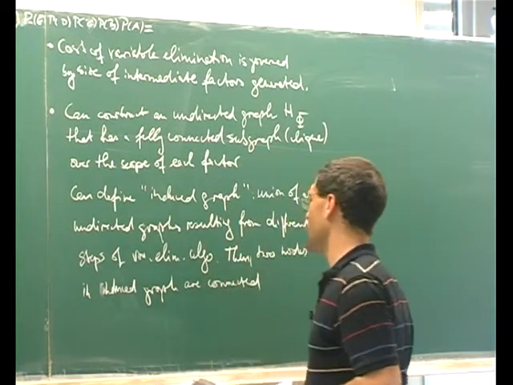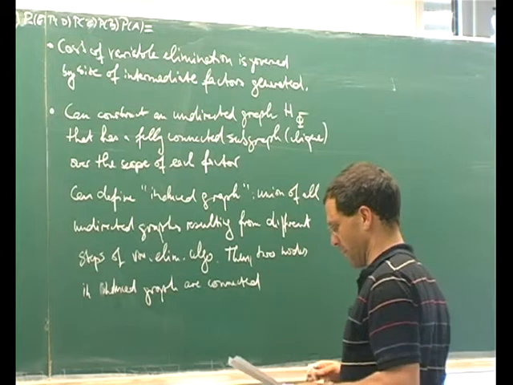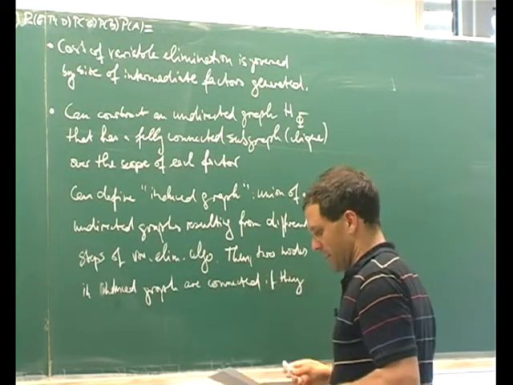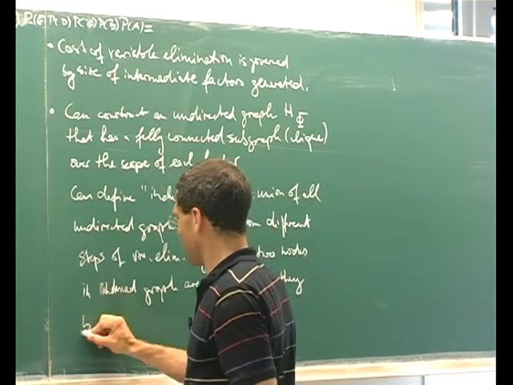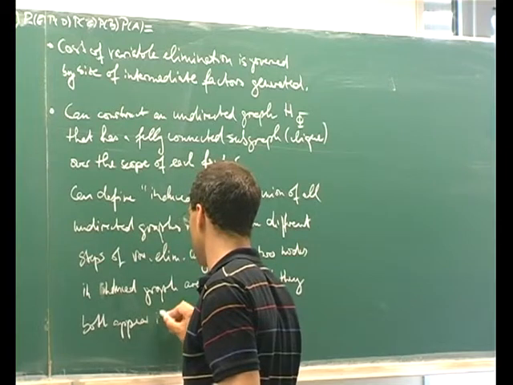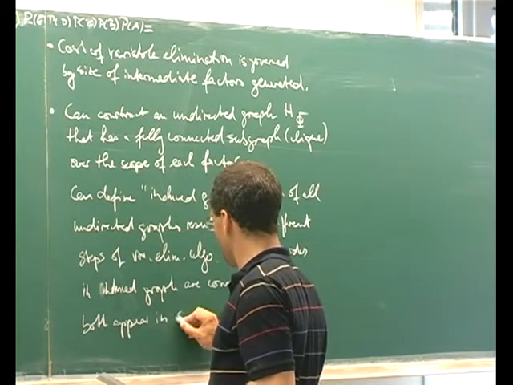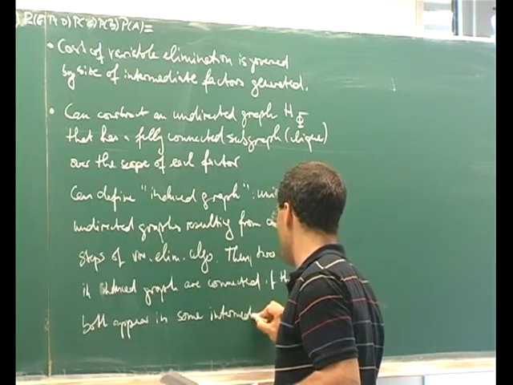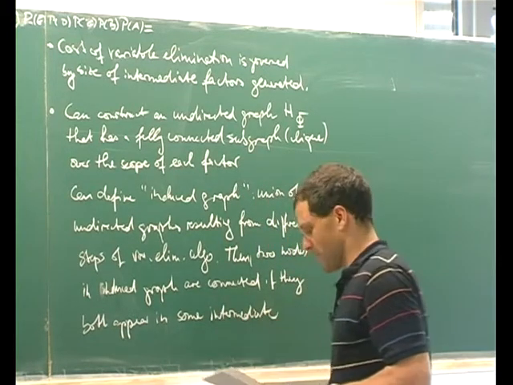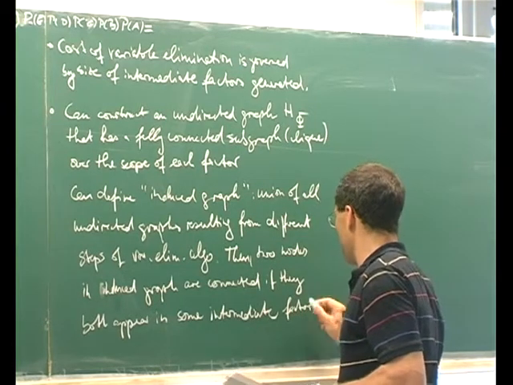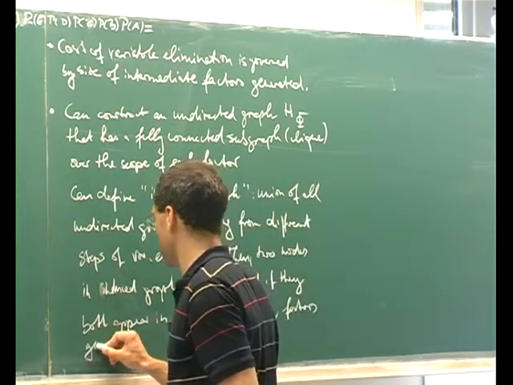So these two nodes in the induced graph are connected by an edge if they both appear in some of the intermediate factors that were generated by variable elimination.